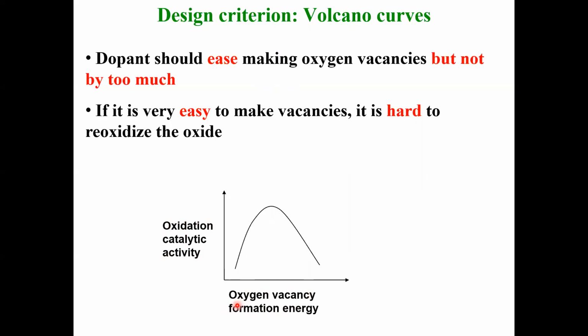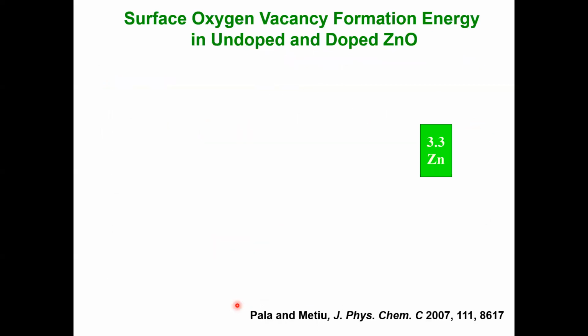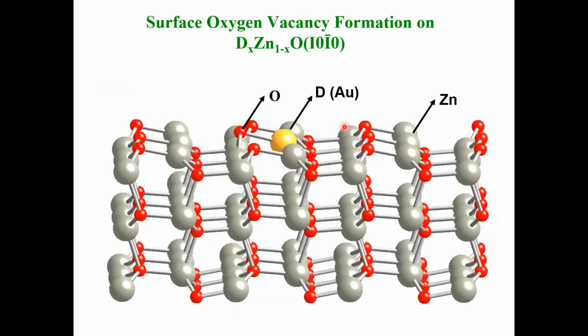In this case, I'm going to think about a way of modulating the descriptor here. Let's say I take a host oxide, zinc oxide, my vacancy formation energy is about 3.3 eV. So what is the reaction I'm thinking about? I first calculate using density functional theory the total energy of this system.